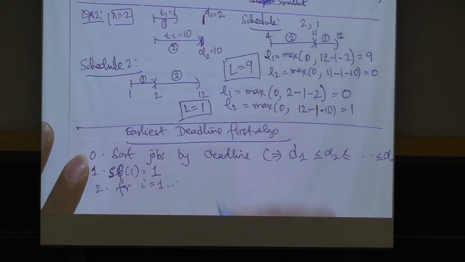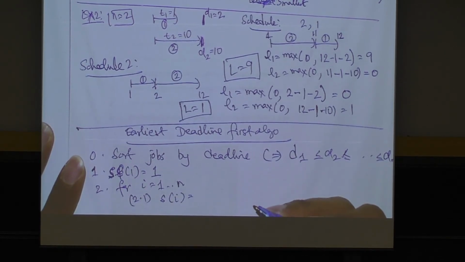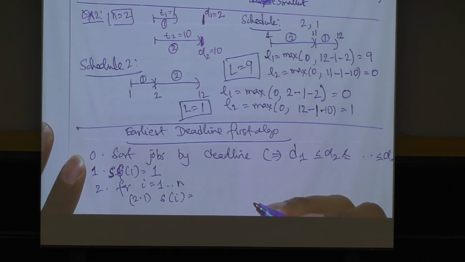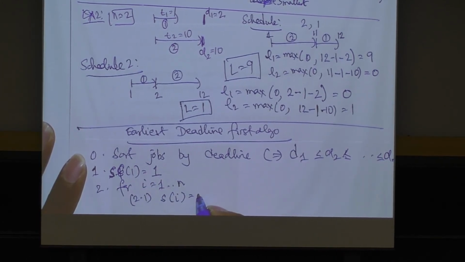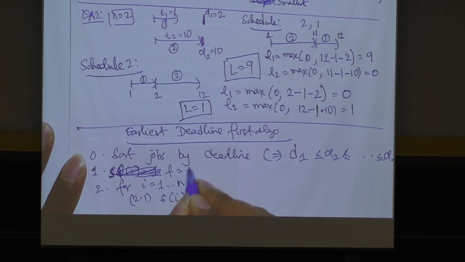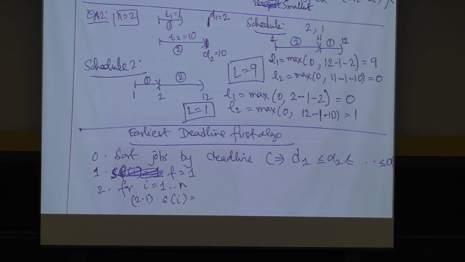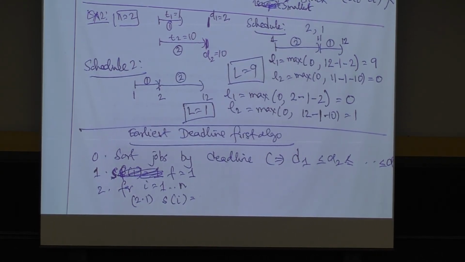Okay. So the start time of the first guy is 1. For i from 1 to n, S of i is equal to the time that the previous guy finished, which will be denoted by 1. There's nothing that happened at time 0, but suppose it finished by 1.